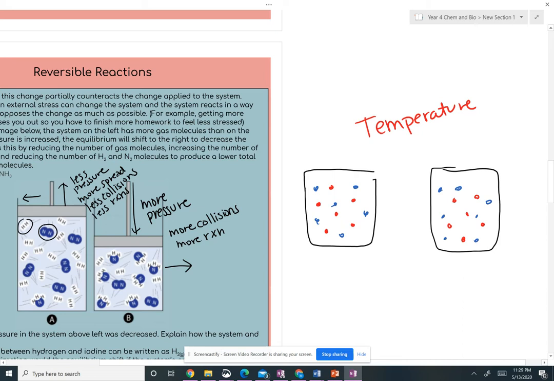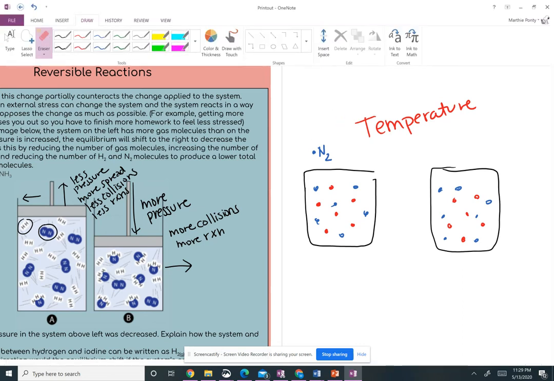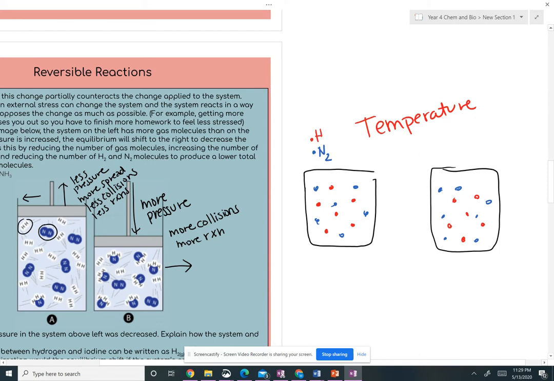I mix these two molecules, my N2 and my H2, and I should color code them, and say they're floating in this beaker. I've got a closed lid and all of that.